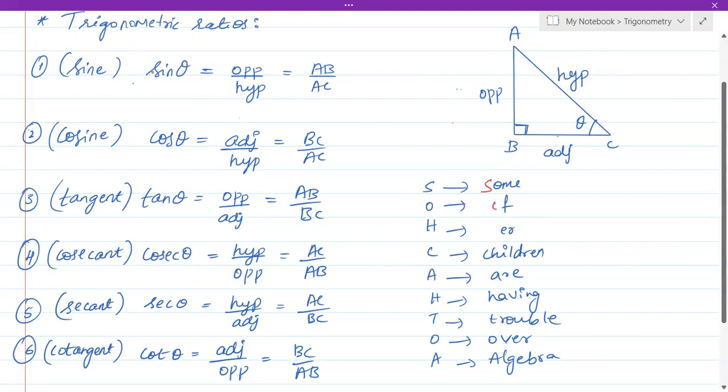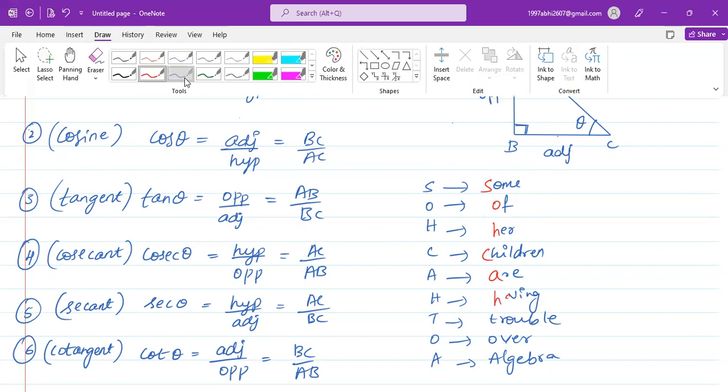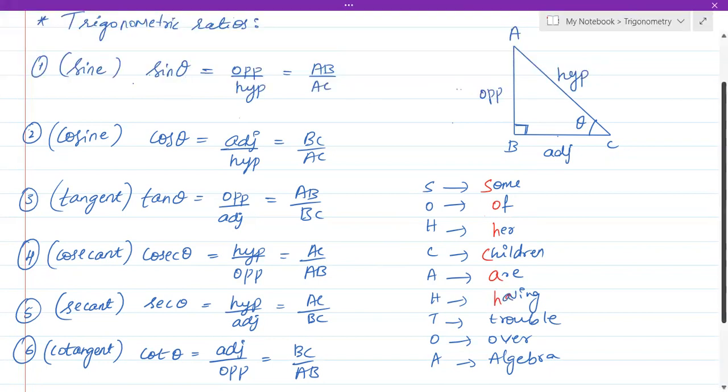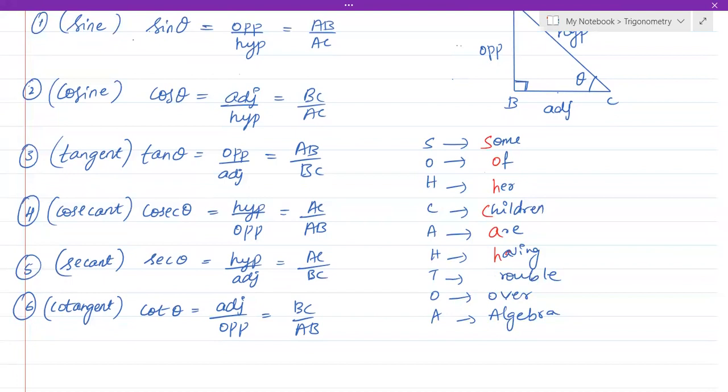The first alphabets: some of her children are having trouble over algebra. So if you remember this statement, it's very easy to remember the ratios.